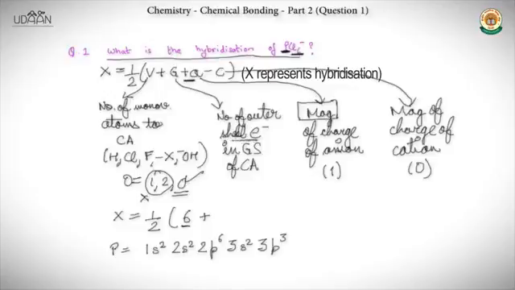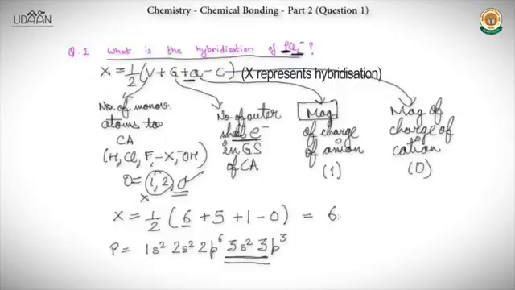So the outermost shell is 3, and therefore the number of electrons in this is 2 plus 3, which is 5. So G is 5, and as we have already discussed, A is 1 and C is 0. So what we basically get is X is equal to 6.